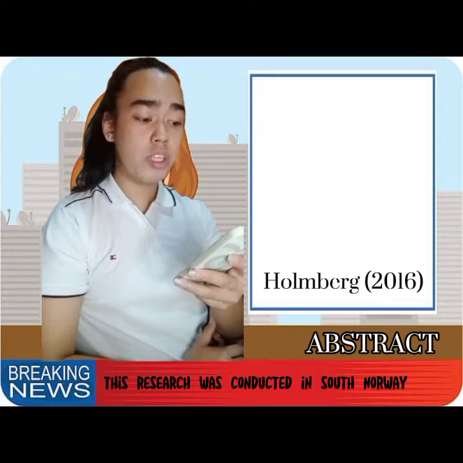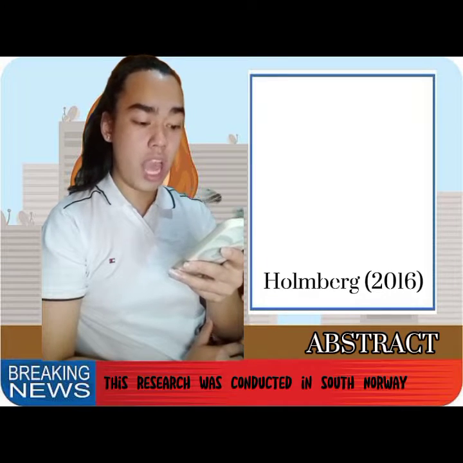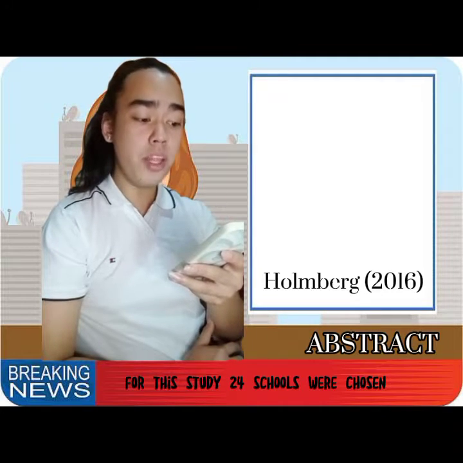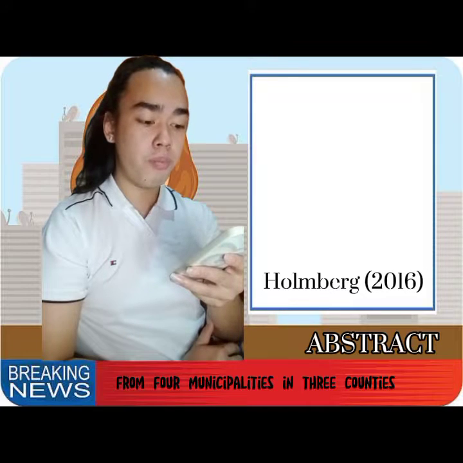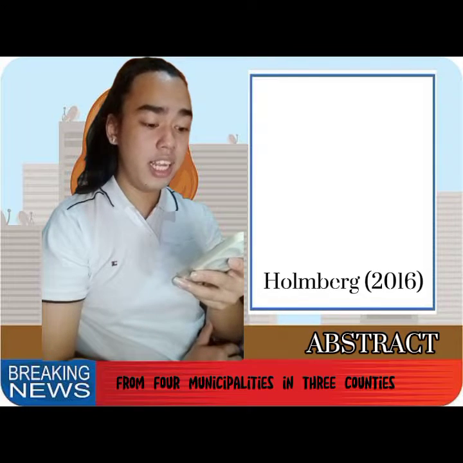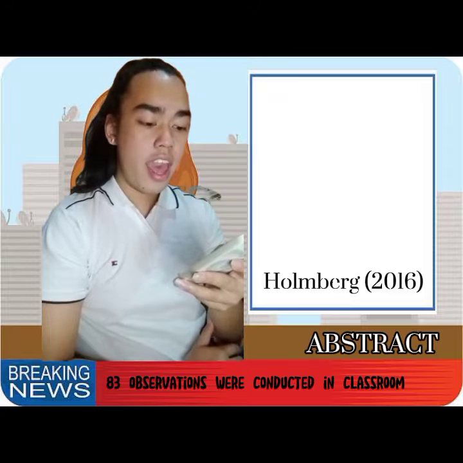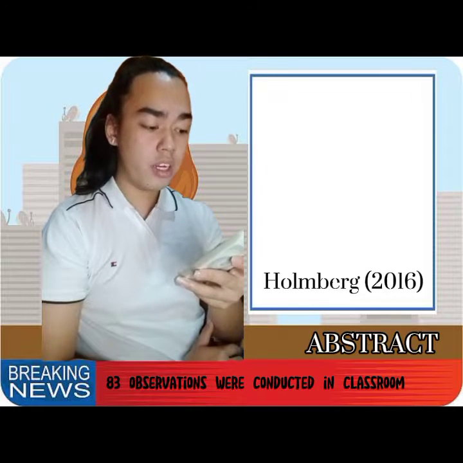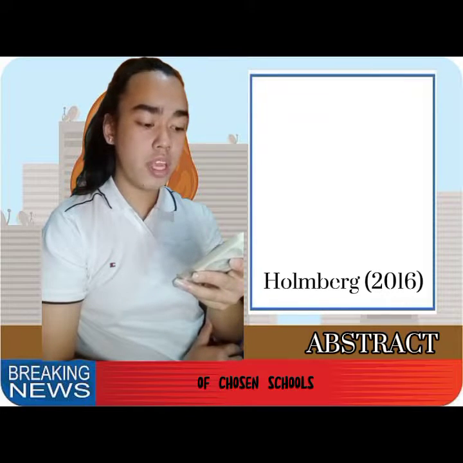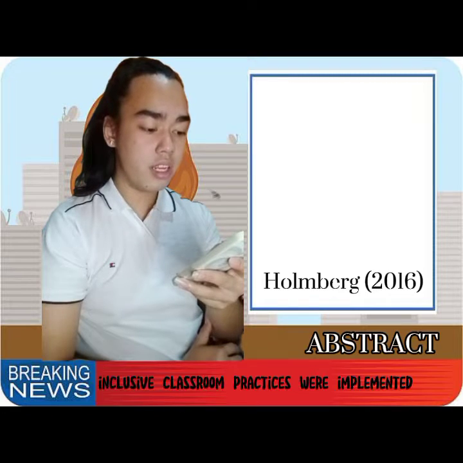This research was conducted in South Norway. For this study, 24 schools were chosen from 4 municipalities in 3 counties. 83 observations were conducted in classrooms of chosen schools where various inclusive classroom practices were implemented.